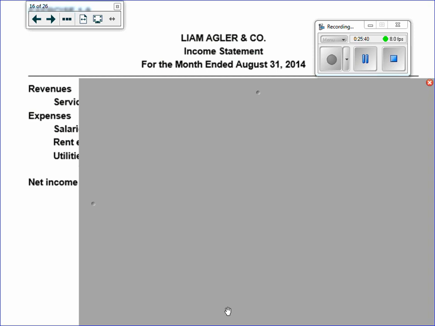Cash, as we looked through 1 through 10, went up, went down, went down, went up, went down, went down, went down, went up, went down, ending at 8,350. Is that what most of you had written in there? If you didn't, please add that. AR, we own the right to getting paid from these people. It started at $3,900. They only paid $450 of their bill. So AR, we still own the right to getting paid $3,450.